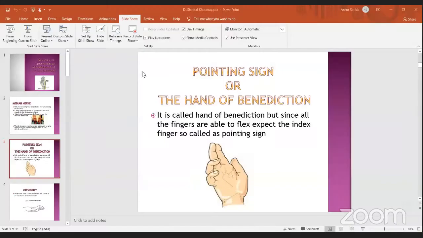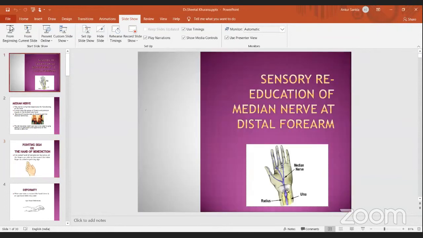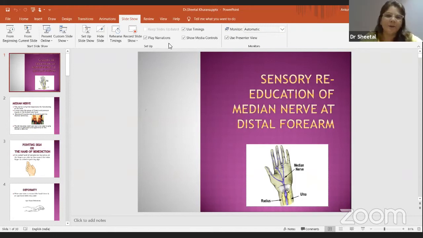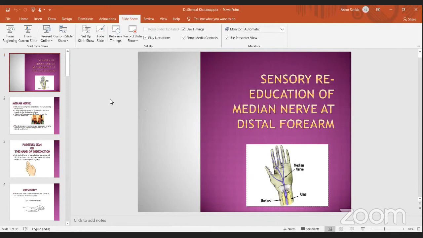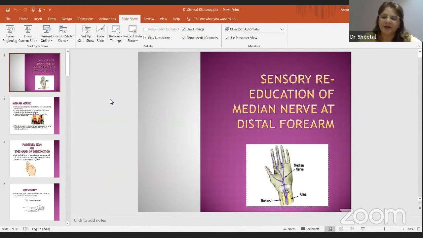This is sensory re-education of the median nerve at the distal forearm.